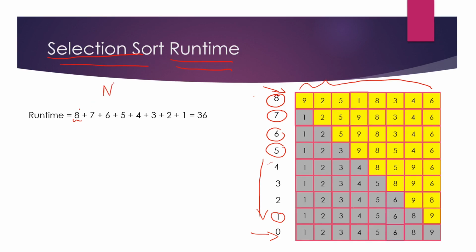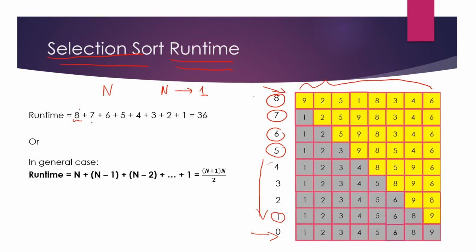So for n elements, the runtime is going to be the summation from n until 1. Now we write the runtime for the 8 element list in a more general case. Let's start from n until 1. This turns out to simplify into n plus 1 times n over 2. And you do the distribution.